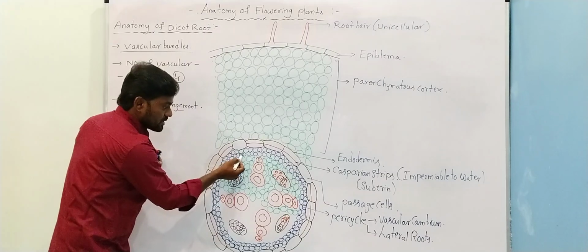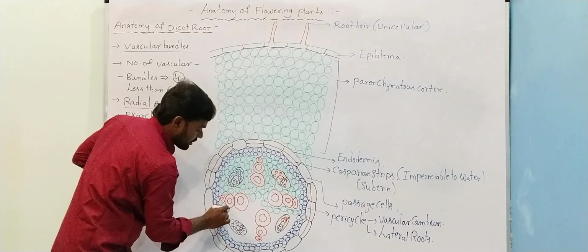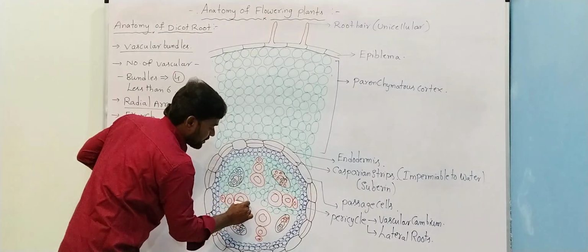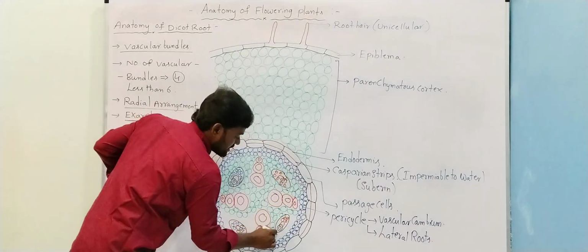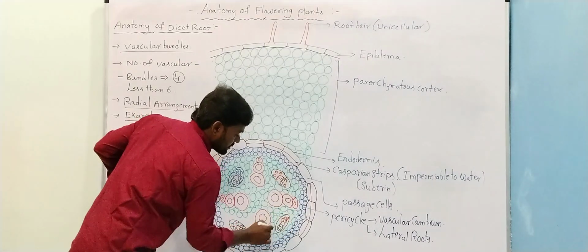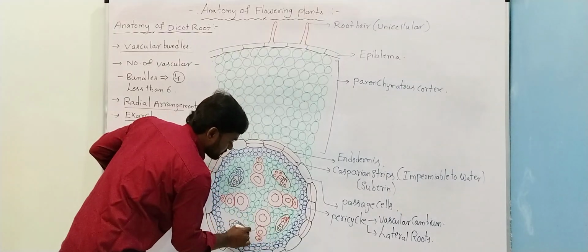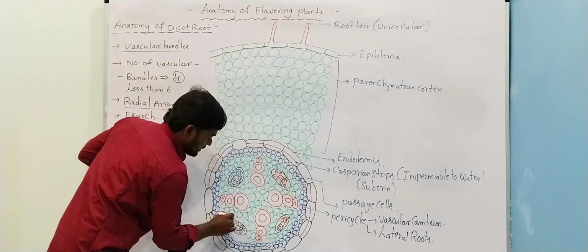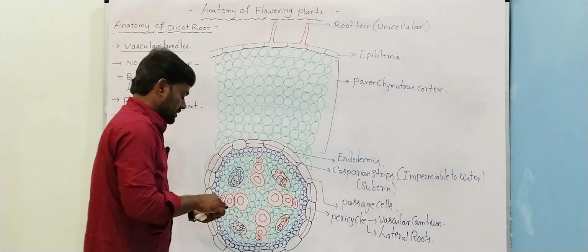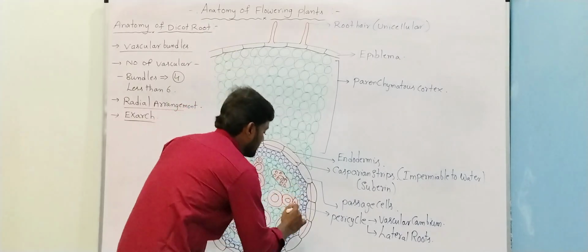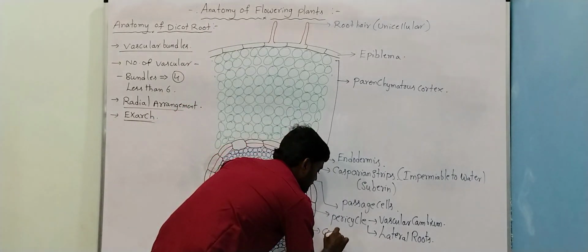But next, this is the pericycle. Beneath the pericycle, the next layer is called parenchymatous cells. This layer is completely filled with parenchymatous cells, loosely arranged with intercellular spaces. These cells are called conjunctive tissue.